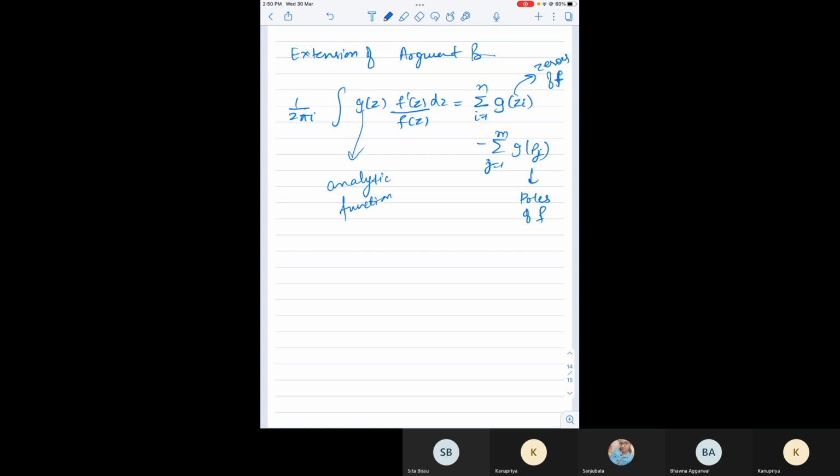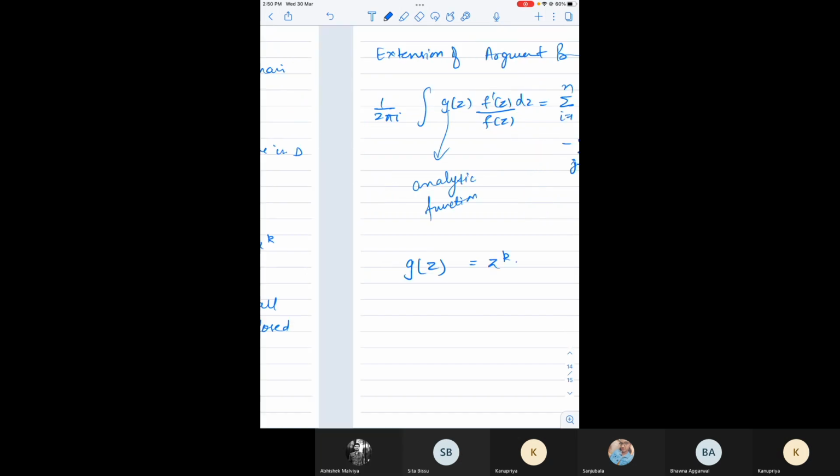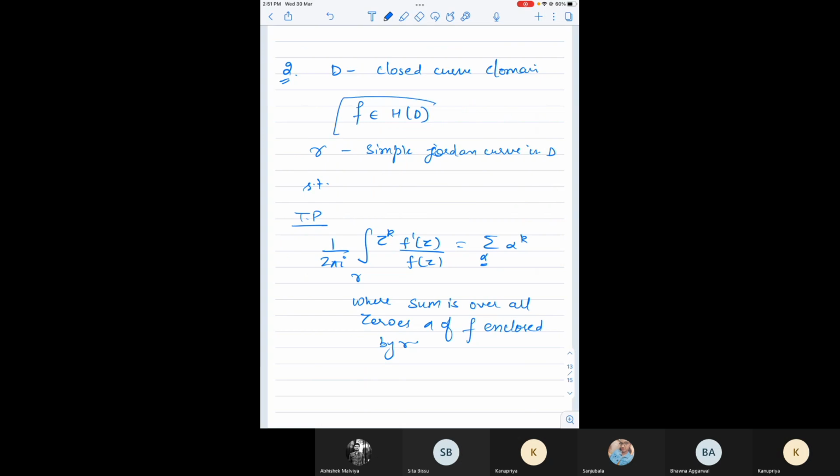We will use this theorem in question number 2. Here g(z) is the given polynomial, z raised to power k. Because the function is holomorphic, there are no poles, only zeros of f, and this function you can take as g(z).